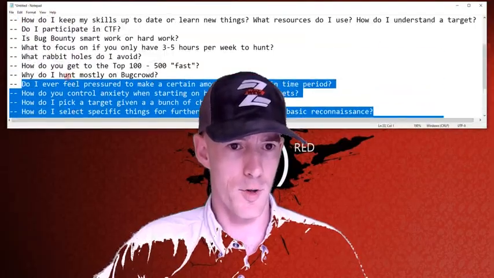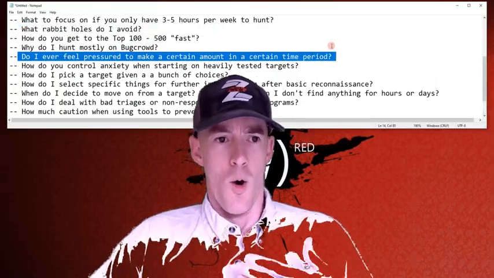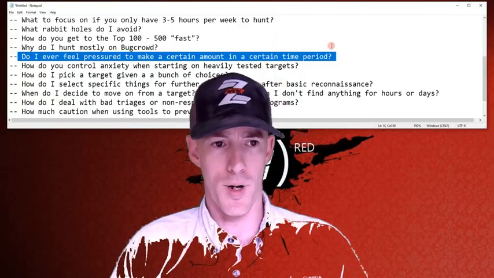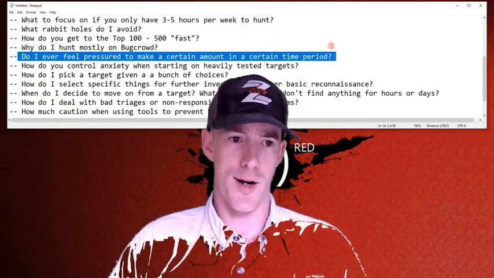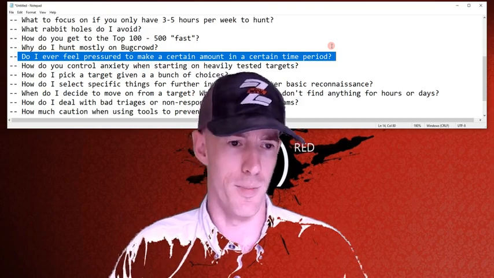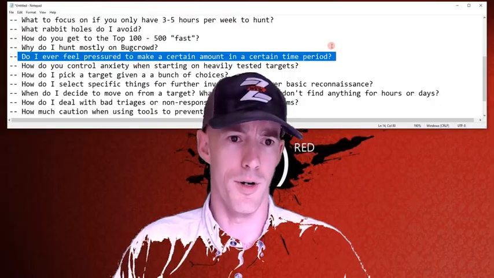Do I ever feel pressured to make a certain amount? This is what I was trying to get at. We're talking about fast, and top 100 or whatnot. You can feel pressured, right? Fast and feel pressured go into the same quadrant or bubble, and you can feel pressured if you put unrealistic goals on yourself.